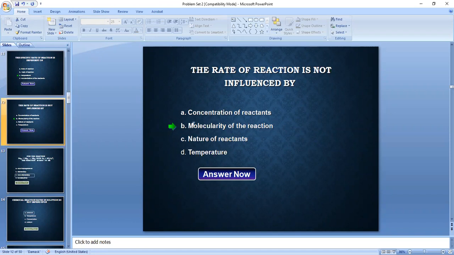Molecularity is not an influencing factor for the rate of the reaction because in the case of non-elementary reactions, the number of molecules of the species as written in your stoichiometric equation does not at all times boil down to something that we could use in writing our rate law, which gives us a picture of the rate of the reaction.